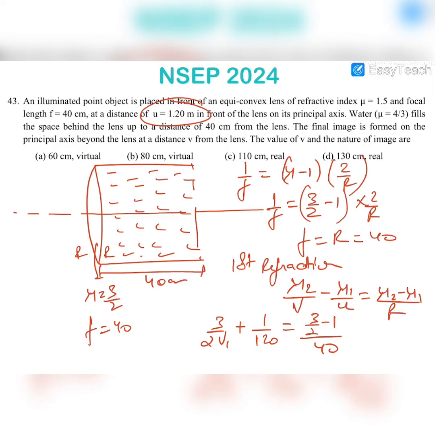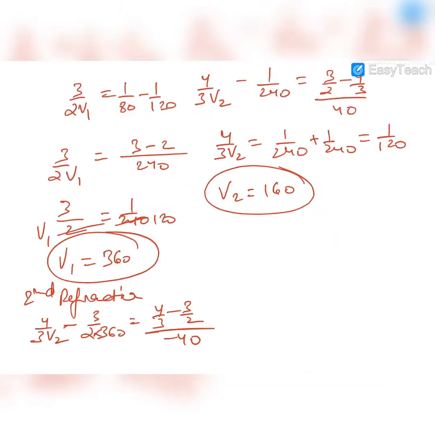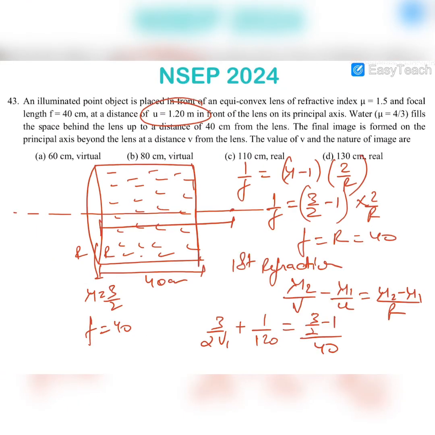So the third refraction would occur at this surface. The image which is situated at a distance of 160 from the curved surface will be 120 from this surface.